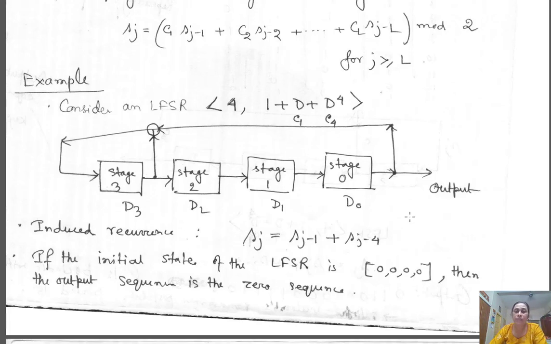So the recurrence is given by Sj equal to Sj minus 1 plus Sj minus 4, since only the C1 and C4 coefficients come in. C1 is 1, so this is Sj minus 1, and C4 means Sj minus 4.